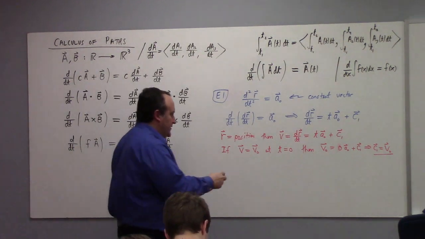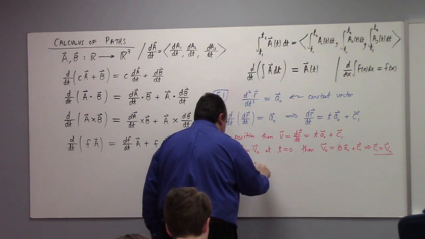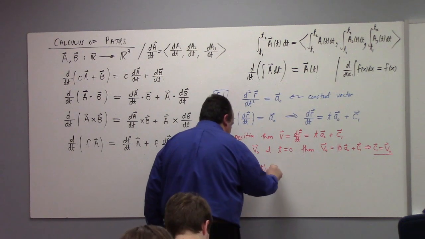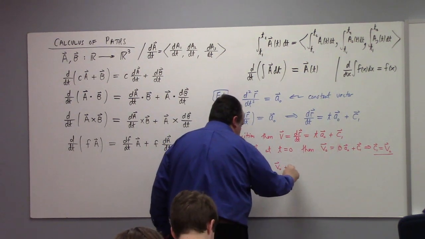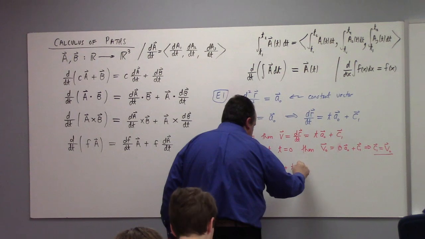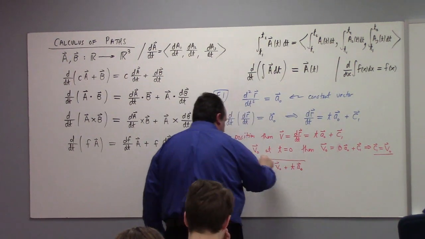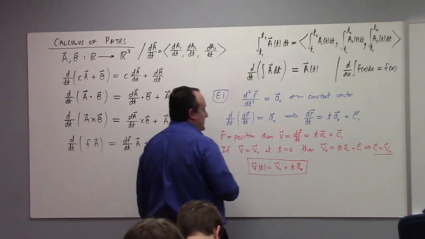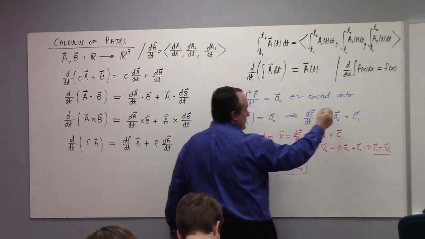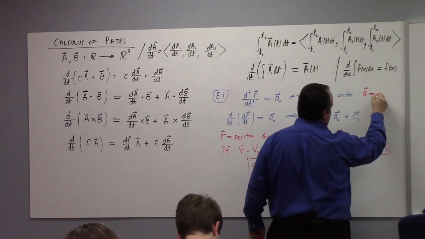So we have derived the formula: the velocity at time t is equal to v naught plus t times a naught. So there's my formula for velocity at time t, assuming I'm starting with a constant acceleration.